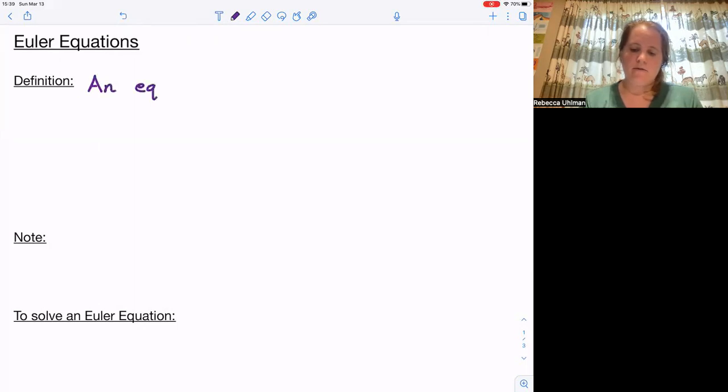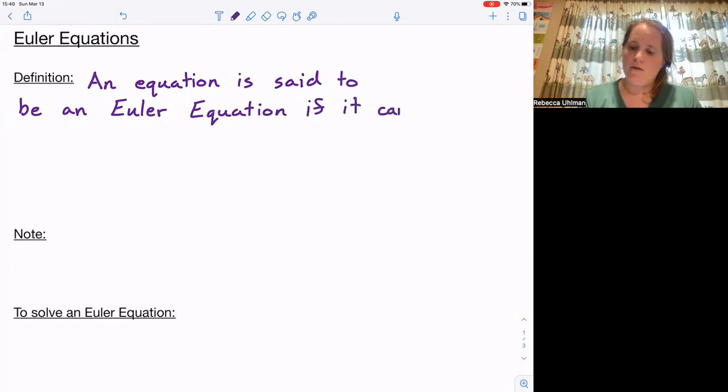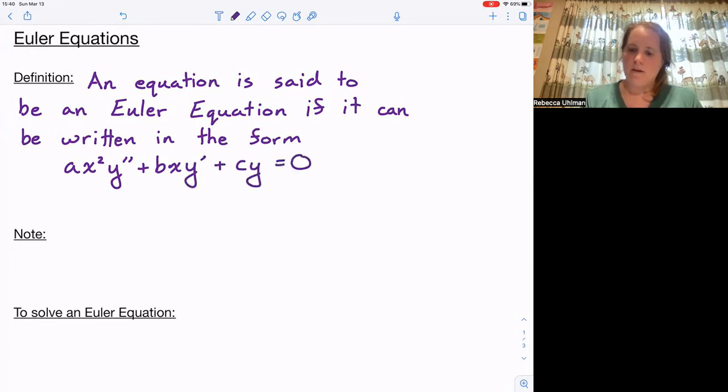An equation is said to be an Euler equation if it can be written in the form ax squared y double prime plus bx y prime plus cy equals 0, where a, b, and c are constants, a not equal to 0.